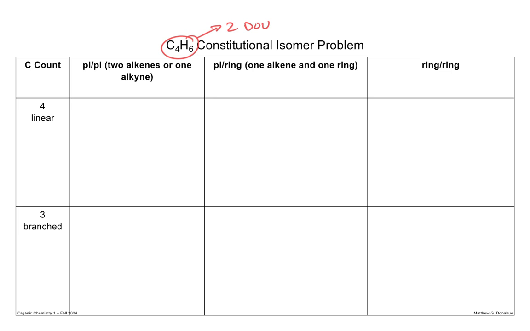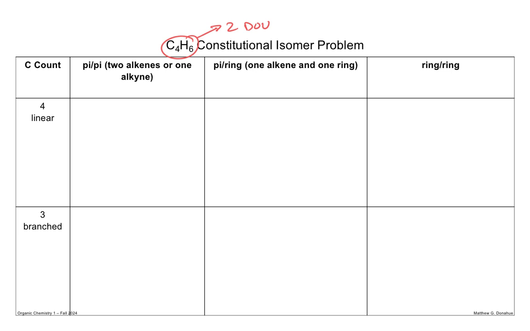What we're trying to do is take this molecular formula C4H6 and draw structures in a logical way that accounts for the 2 degrees of unsaturation. Remember, a degree of unsaturation is a pi bond or a ring, and we have 2 of them. What are the combinations?